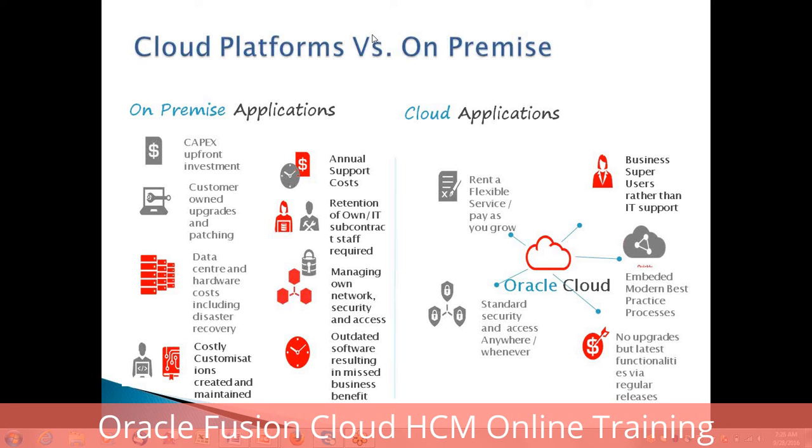Nowadays we have Android phones, Apple iPads, etc. Everything we can access the applications, and the customers will be business super users rather than IT support. And time and again the releases and upgrades will happen, which will embed modern best practice processes, and no upgrades but latest functionalities via regular releases.